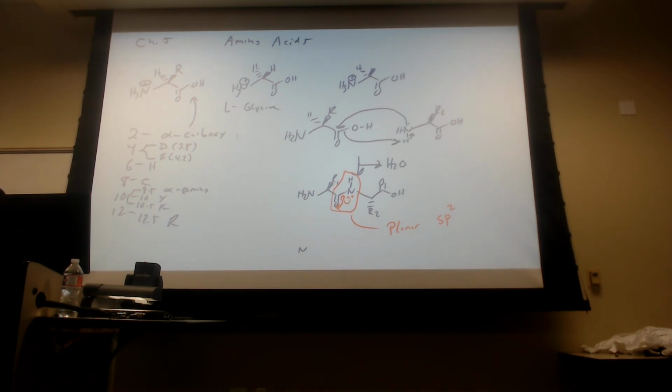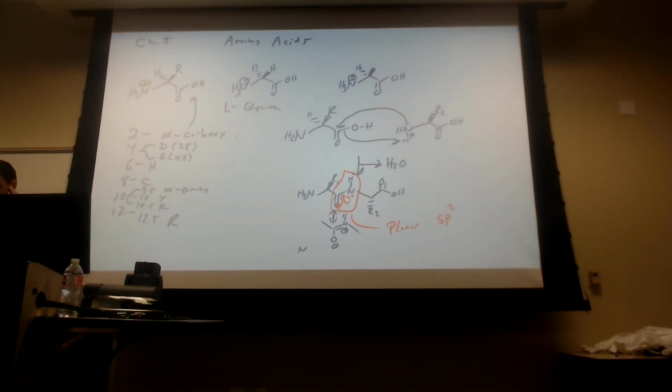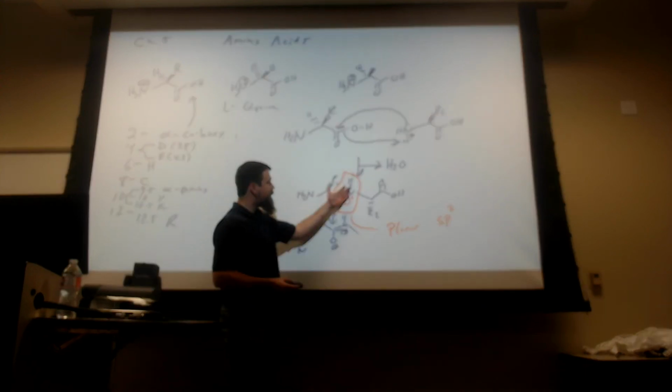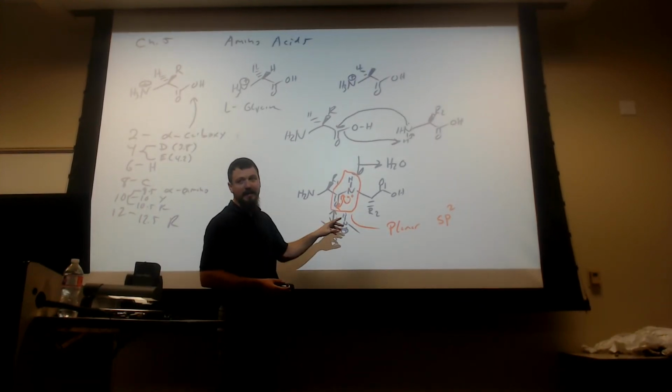So there are 2 forms, resonance shared. We have something like this and something like that. In reality, we have these different forms. So why do we draw it this way? It's planar and flat because it has double bond character.